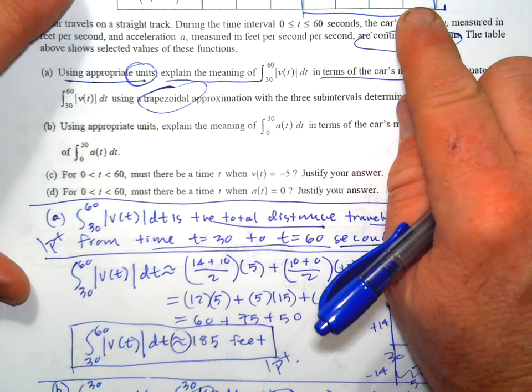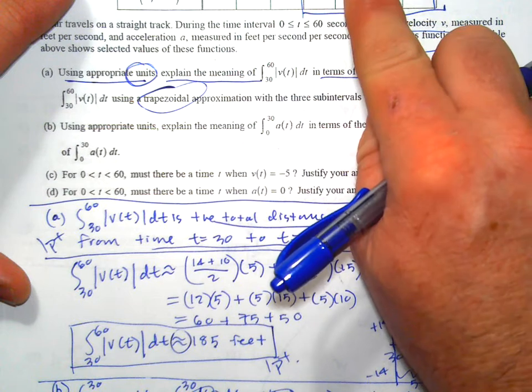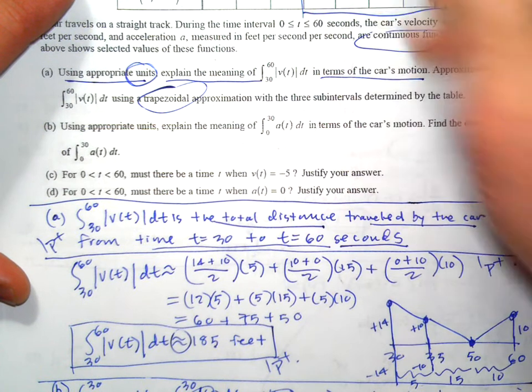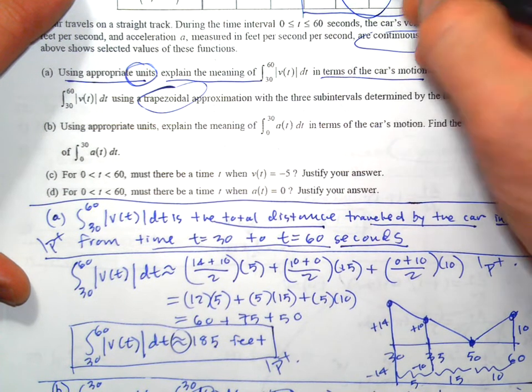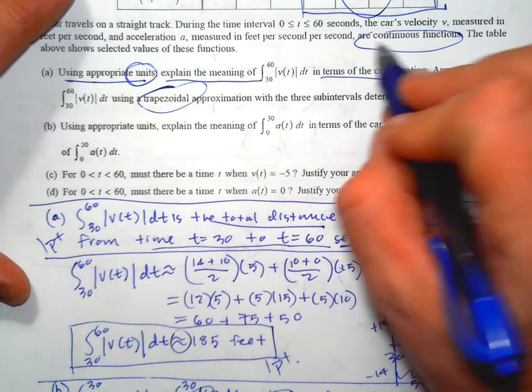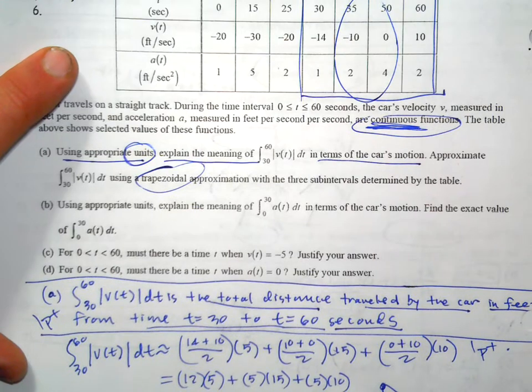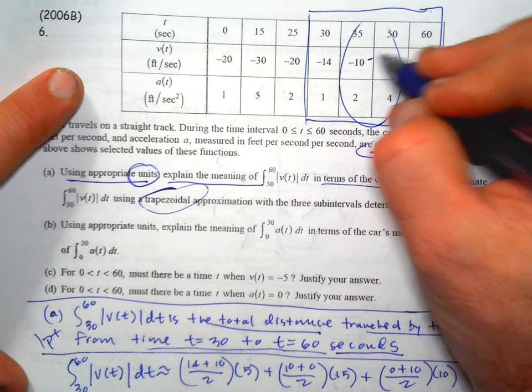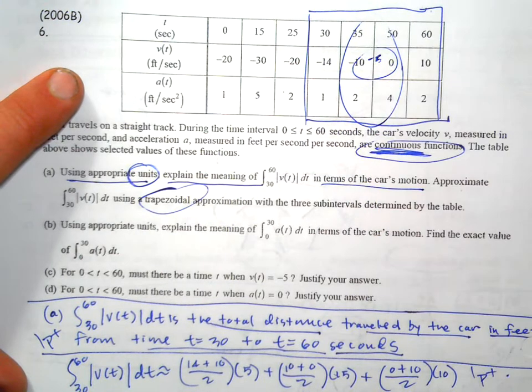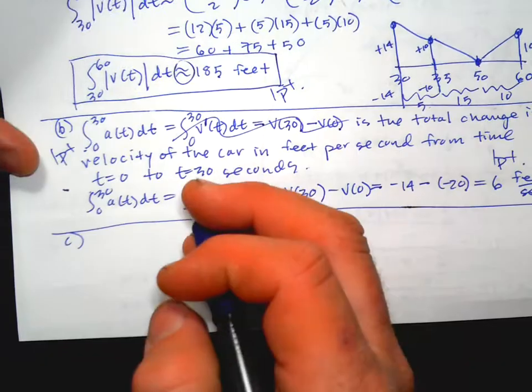Now, intermediate value theorem says it's going to go through negative 5 right here, right? Because they told you right up here is key. They're continuous functions. It's got to hit negative 5 somewhere in between these because it hits all the values there. That's intermediate value theorem. So we're going to try and write that down.